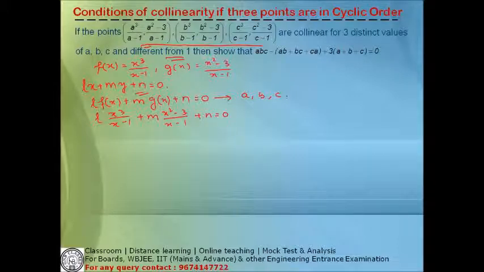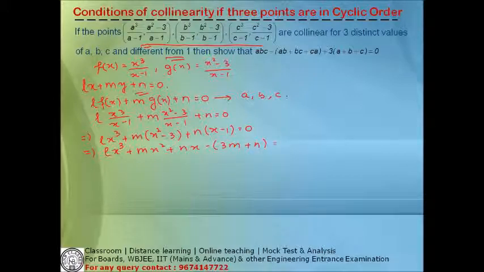and after simplifying we are getting n times (x minus 1) equals 0, and writing in the descending power of x we are getting lx cube plus mx square plus nx minus 3m plus n equals 0. Now this equation has three roots which are a, b, and c.